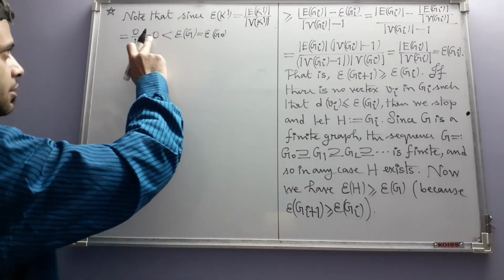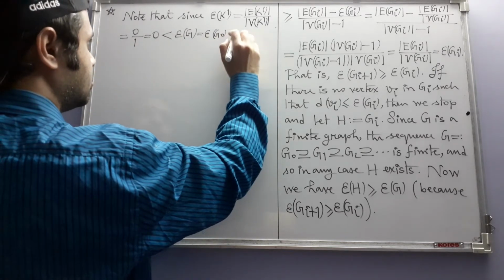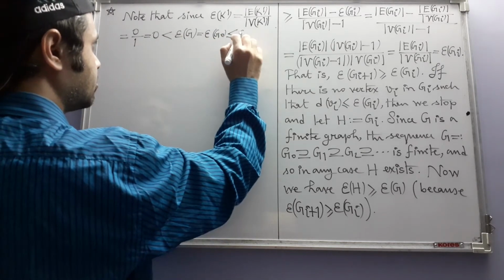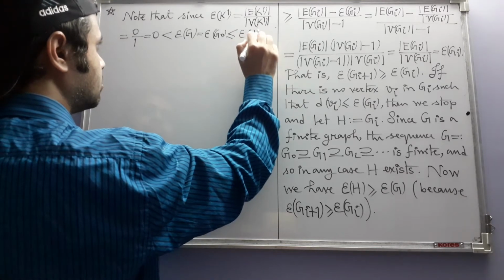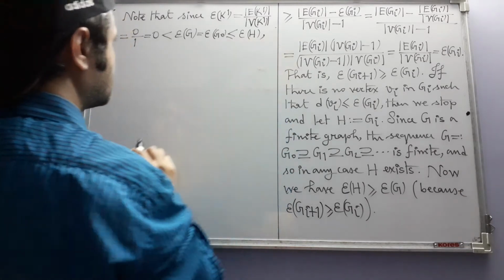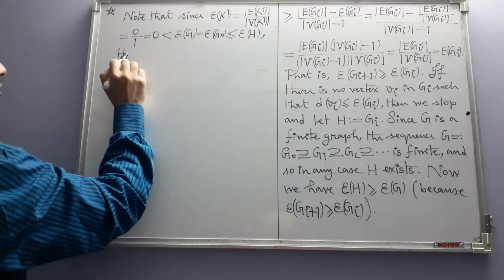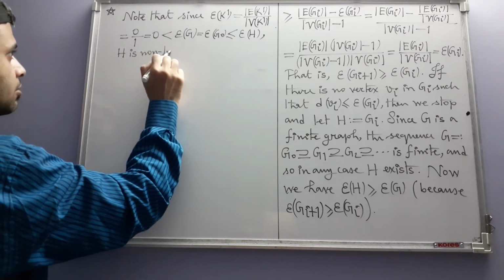So that's why this ratio is strictly greater than 0, and this is less than or equal to epsilon of H. H is non-trivial.